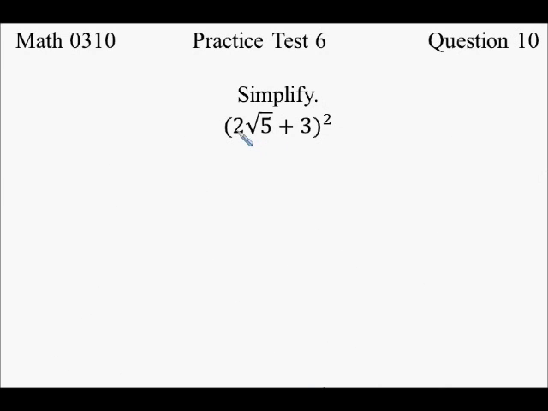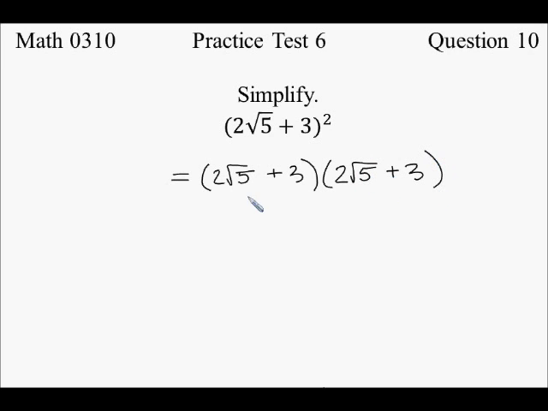Question 10 says simplify the quantity 2 square root 5 plus 3 squared. Okay, so again, remember when we have a quantity squared, that is the same as having the quantity times itself. So we really have 2 square root 5 plus 3 times 2 square root 5 plus 3.